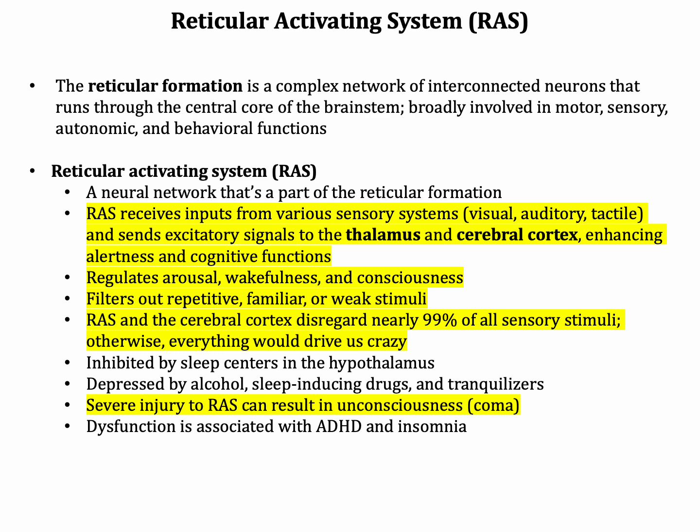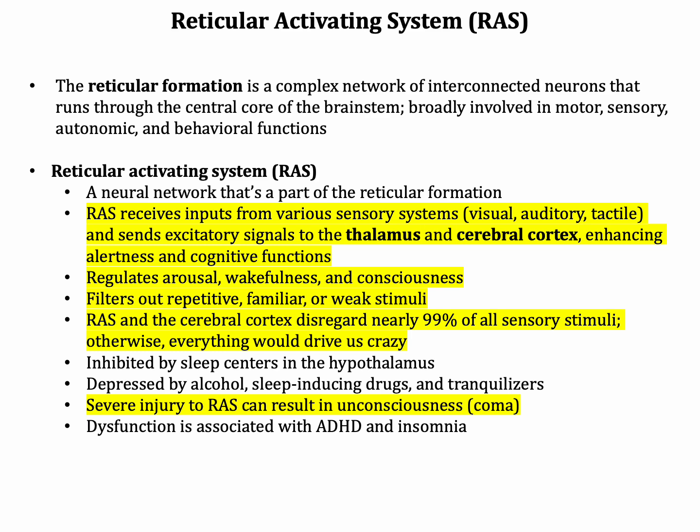If it didn't do this, everything would drive us crazy. So it's a very important filter system that occurs, right? But it keeps us aroused and alert. It can be inhibited by sleep centers in the hypothalamus, right? Inhibited by melatonin, cause us to go to sleep. Depressed by alcohol, drugs, tranquilizers, it shuts this RAS system down.